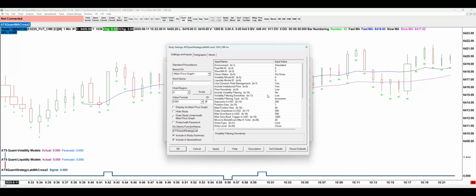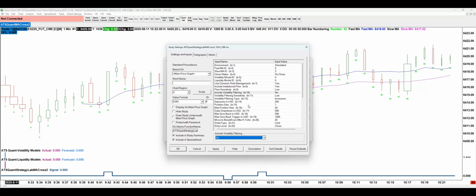And then we won't use our volatility filtering for this particular example, but our volatility filtering system is another machine learning system that we've developed in-house that allows us to filter out our trades based on volatility.